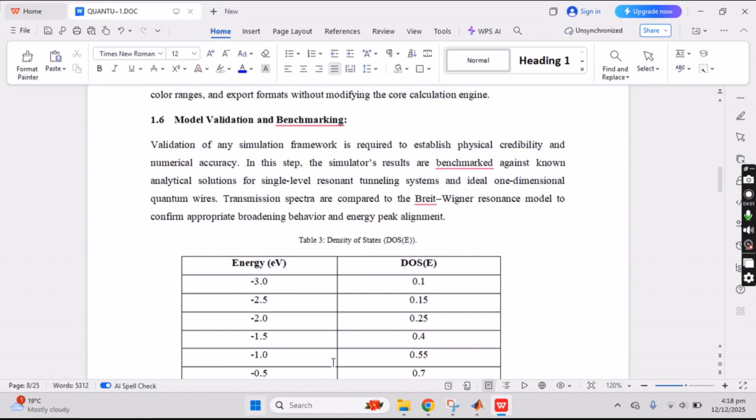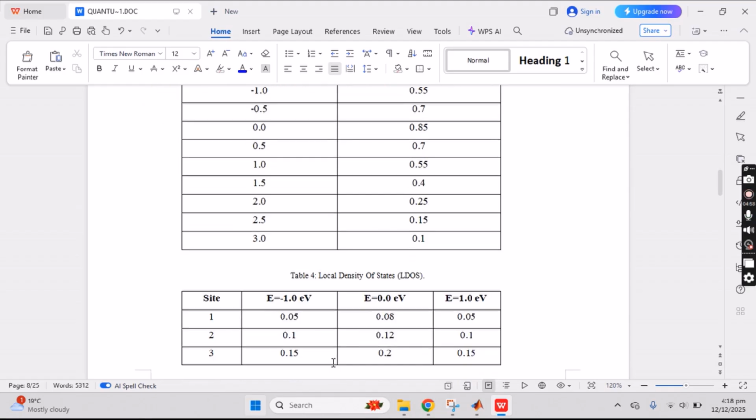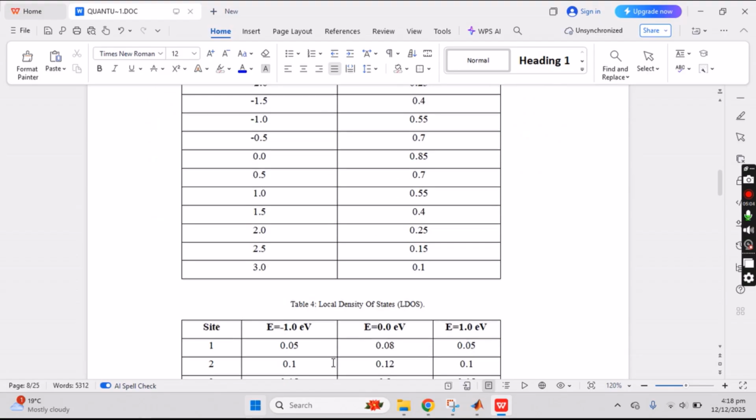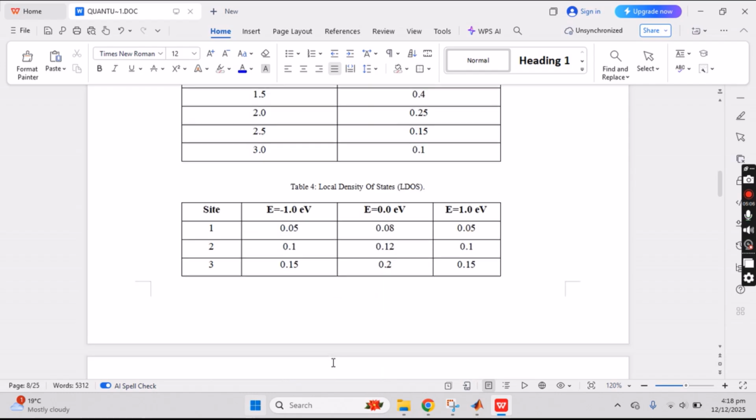Model validation and benchmarking cover the density of states and the local density of states, LDOS, compared against the energy parameters.